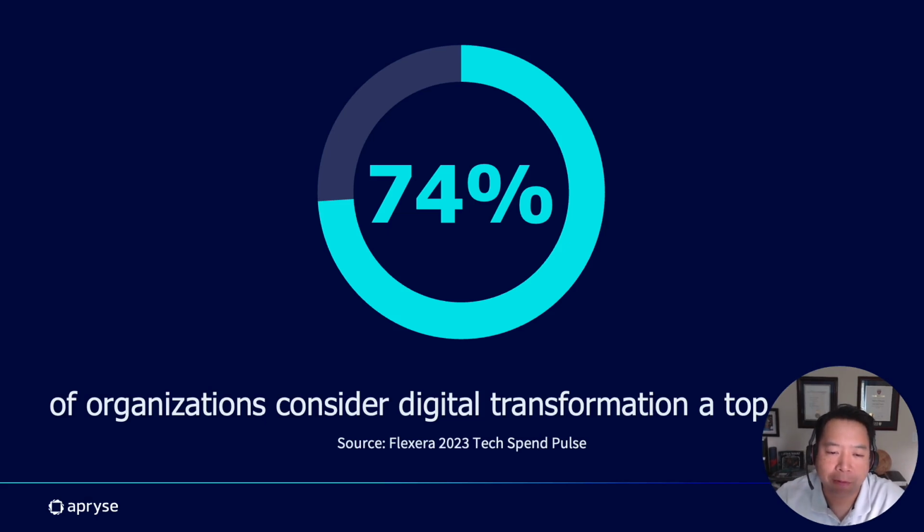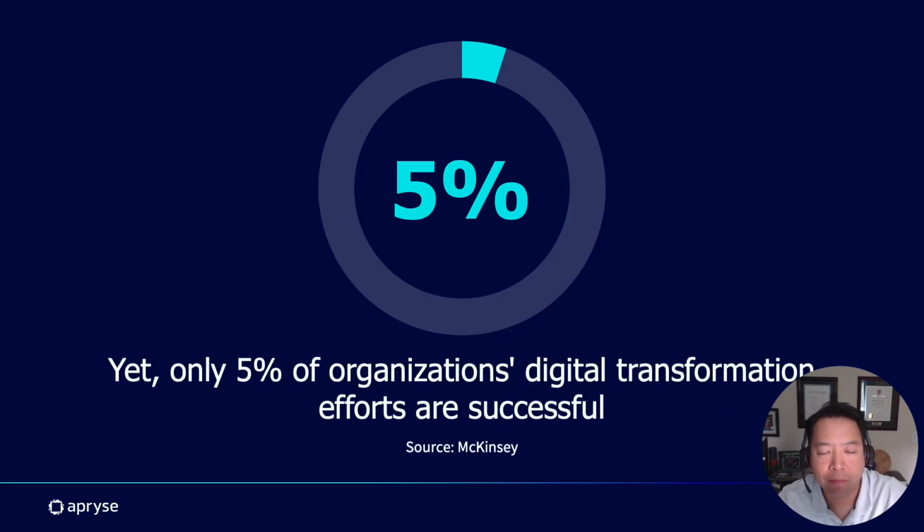A recent study by Flexera says almost 3/4 of enterprises and organizations consider digital transformation a top priority. However, only 5% of organizations who implement a plan to do a digital transformation end up being successful.